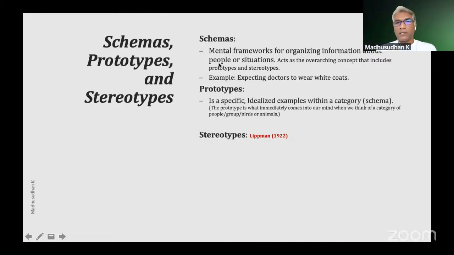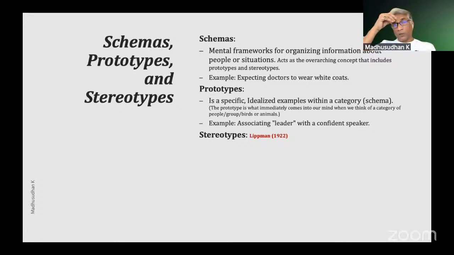Prototype. It is a specific idealized example within a category. I mean, in a schema. If I say bird, what is it that you're going to recollect? You may recollect sparrow. A prototype is what immediately comes into our mind when we think of a category of people, group, bird, or animal. If you are a bird lover, immediately you have a lot of information.